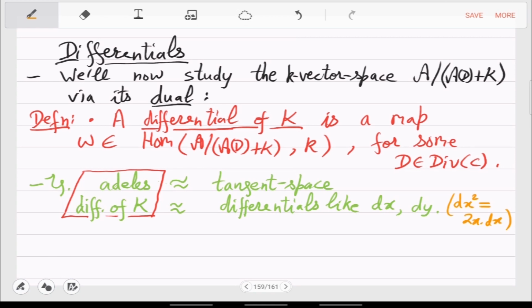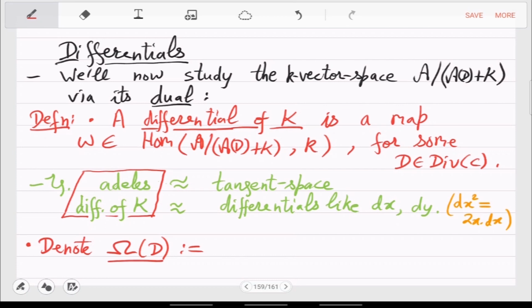And what good is this for? So that you will see very soon. So we'll denote it like this. So omega of big, we'll actually skip the subscript. Let's just call this omega d.